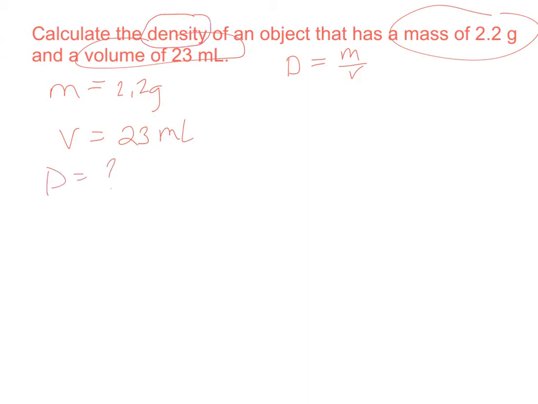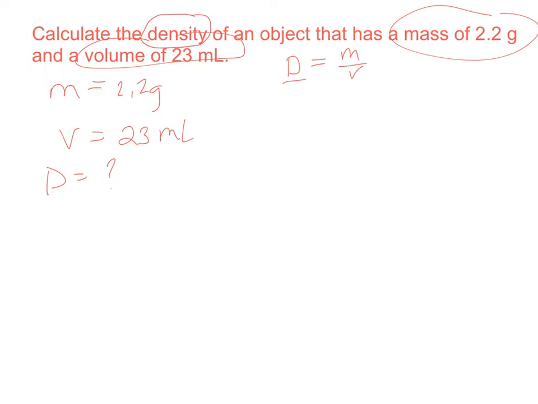Okay, so once we have established our variables, what it is that we know and what it is that we are trying to solve for, we then look over at the equation and figure out if any equation manipulation is needed or if we can just use it as is. Okay, so in this situation, guys, they're wanting us to solve for density. So density has already been isolated all by itself on the left-hand side.